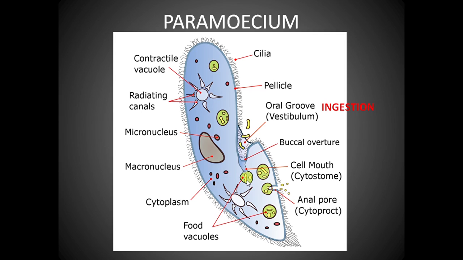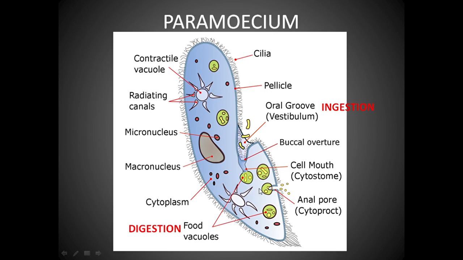There the digestion process occurs. Once digestion has occurred, absorption takes place, that is, the digested food material will diffuse into the cytoplasm. Energy is produced inside the body through assimilation.